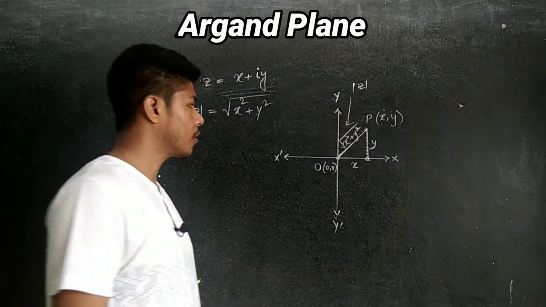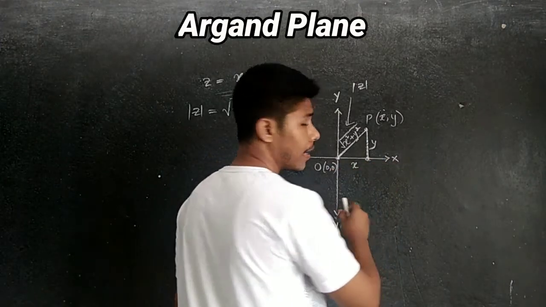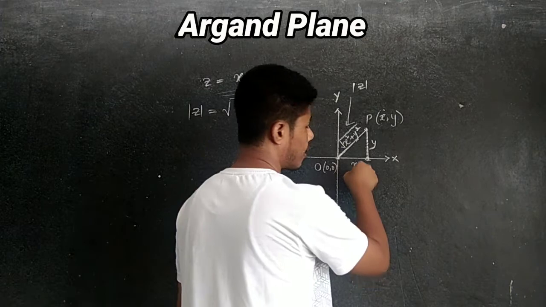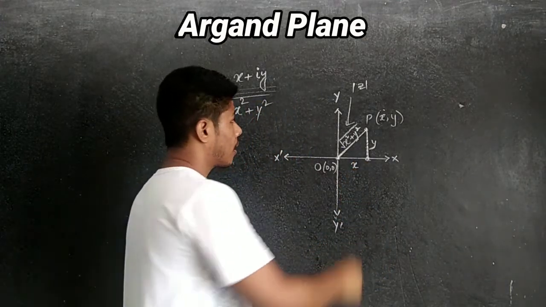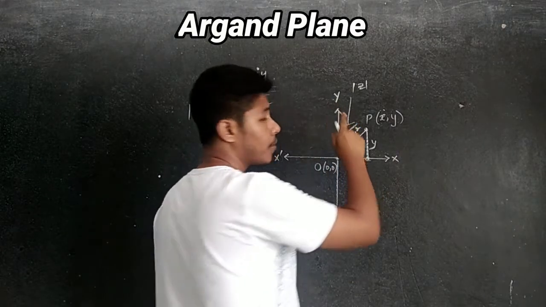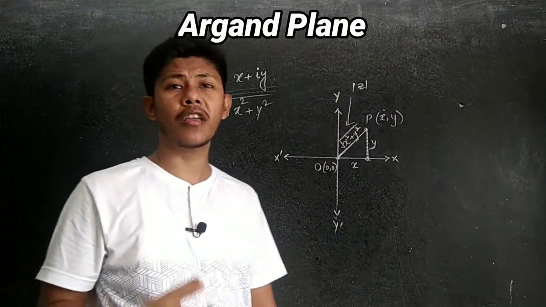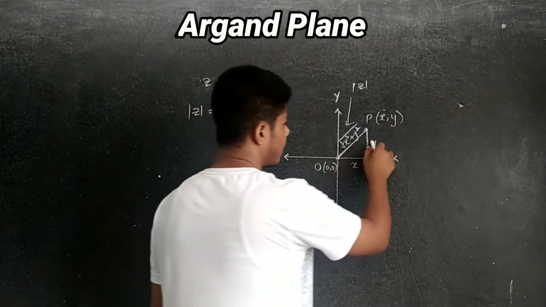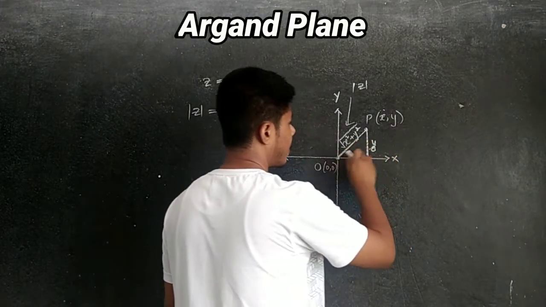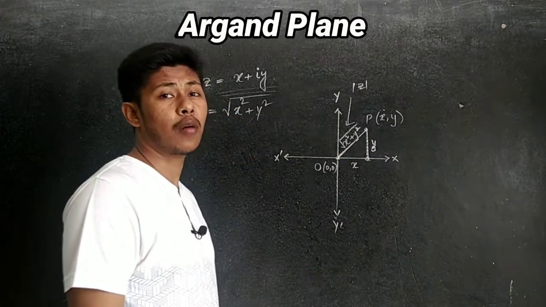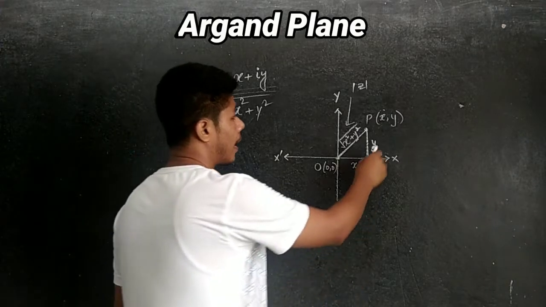Since this one is the real axis, the real part is x. This one is the imaginary axis. Imaginary axis means any real number, if we multiply it with i, then it is imaginary. So the real number here is y, and with this y we have to multiply i.